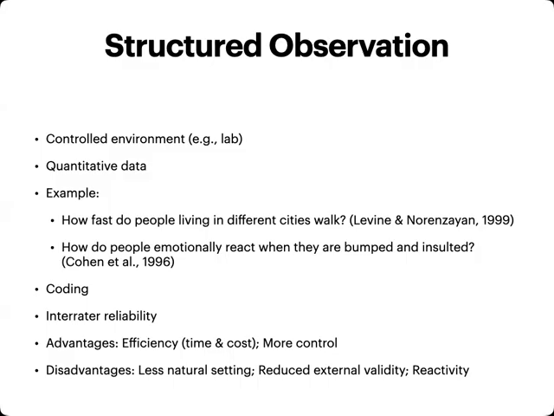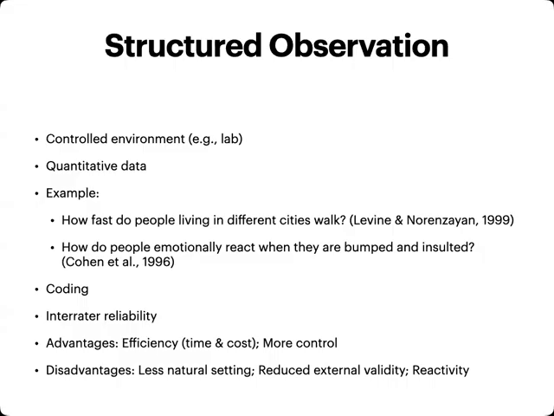When observations depend on the observer's judgment, coding is often necessary. This involves clearly defining target behaviors, with observers categorizing each participant based on the behaviors displayed and their frequency. They may also record how long each behavior lasts.